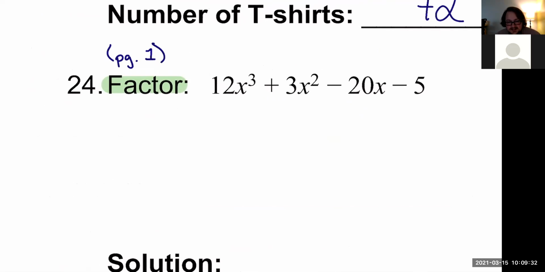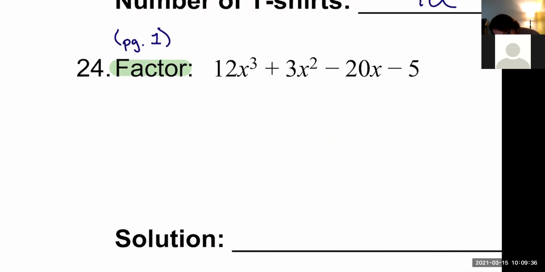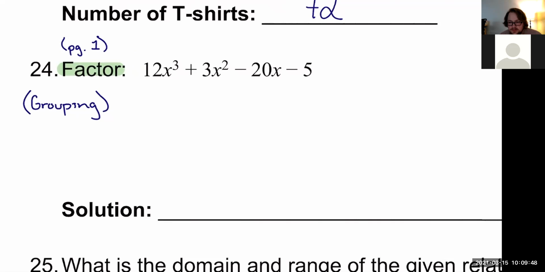And in this case, I see 4 terms, which tells me I'm probably going to use grouping. Quick reminder, regardless of what type of factoring you're going to use, what should you always be checking for first? Always check for that greatest common factor.